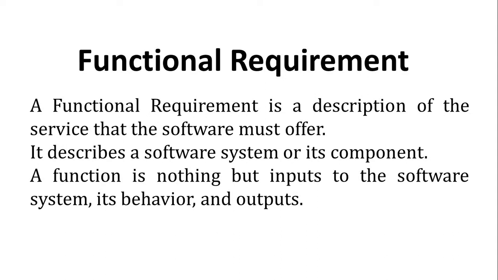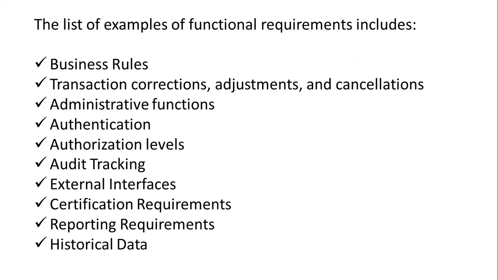Let me give you a list of examples of functional requirements. First, the business rule. Let's say about the library management system, right? There must be some business rule, or you can say constraint, which you have to incorporate in the software.